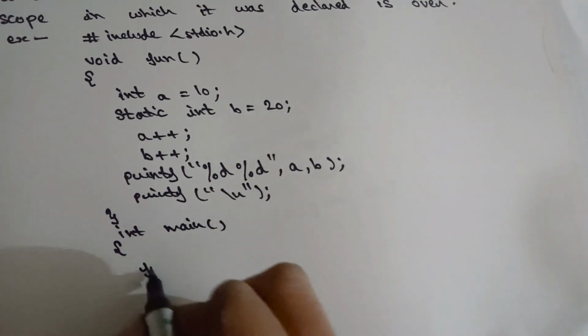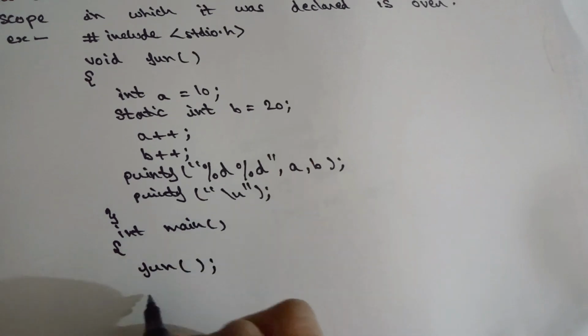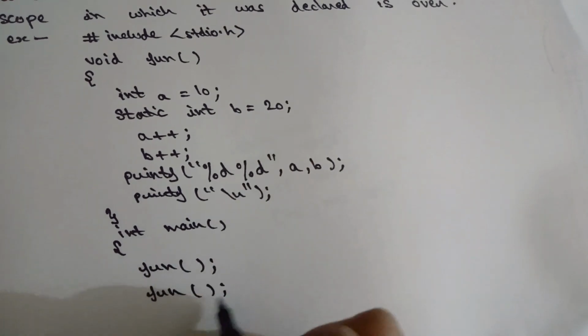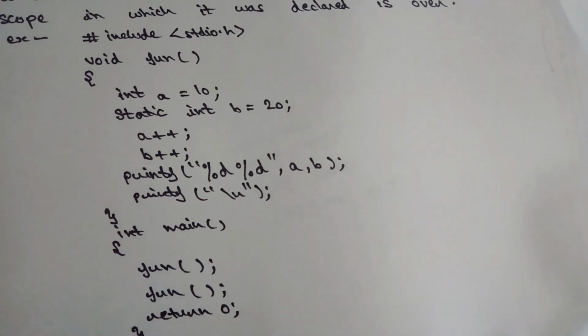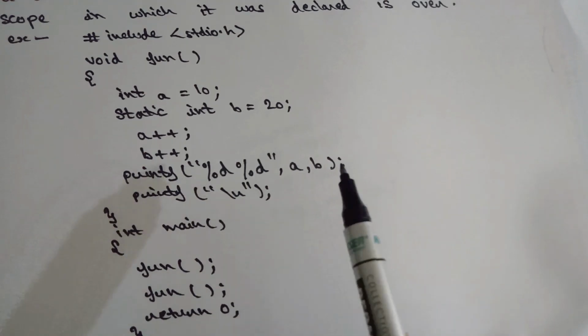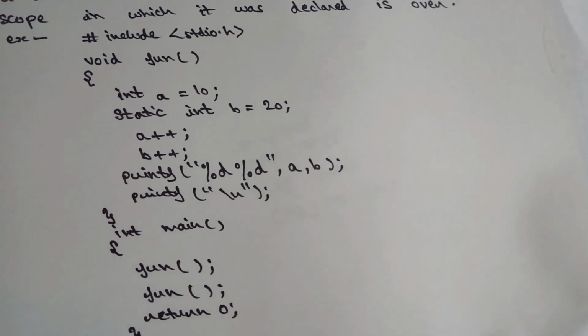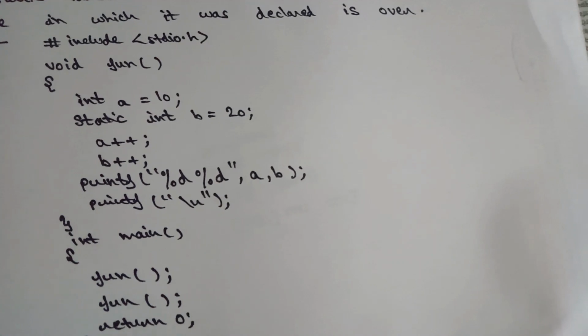Now call this fun function here once and one more time. Two times you are calling this fun function. So two times the value for A will be printed and two times the value for B will be printed. Now let's see what is going to be the output here.